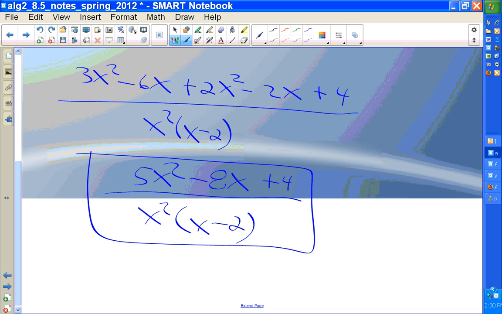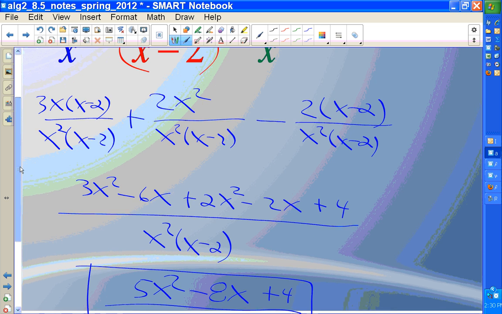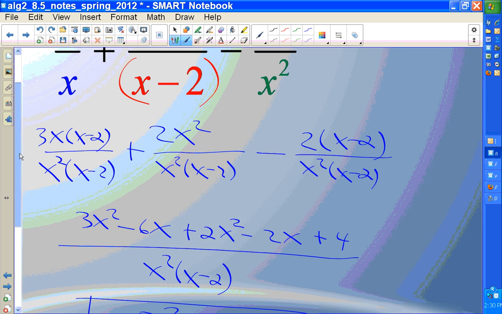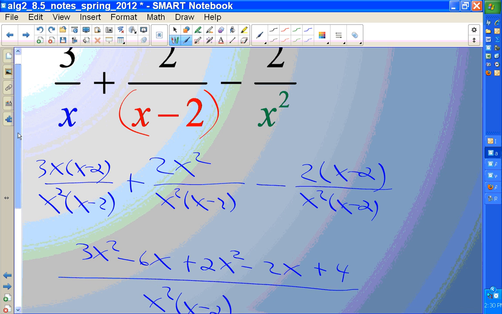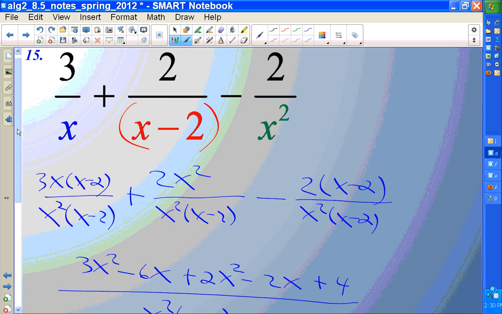Questions on this one? One more time. What's different about this denominator in the LCD? So that's what I multiply by. X and x minus 2 on the top, and x and x minus 2 on the bottom.